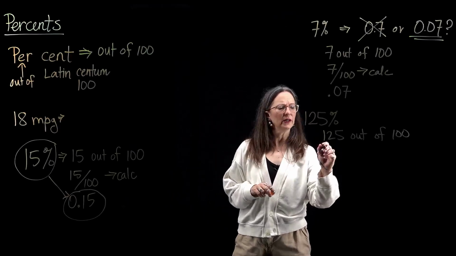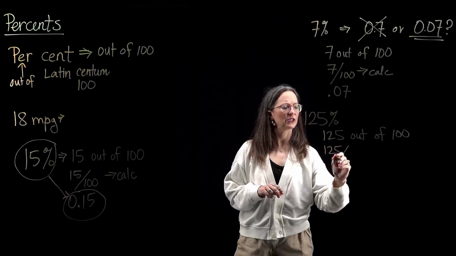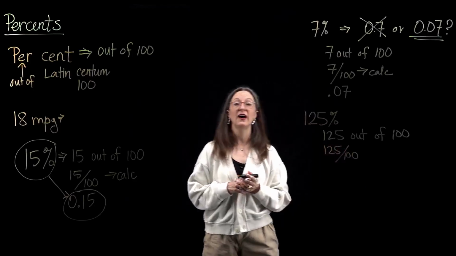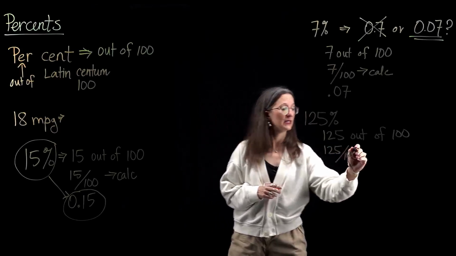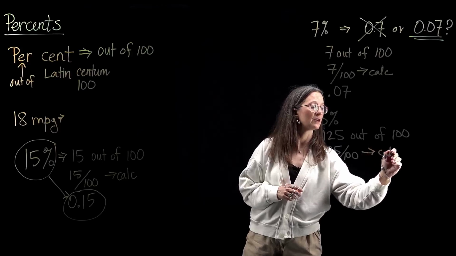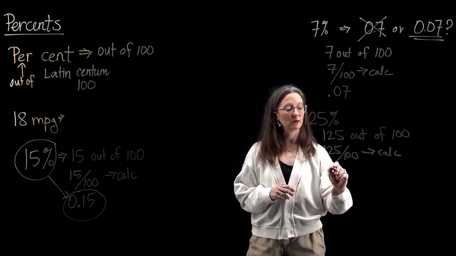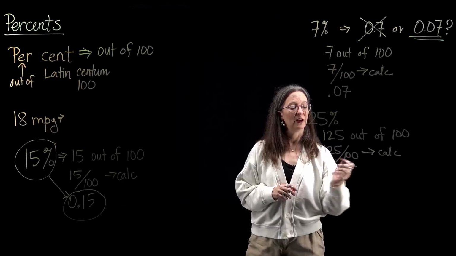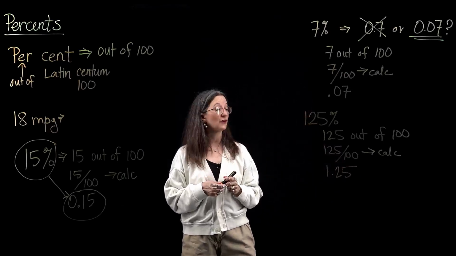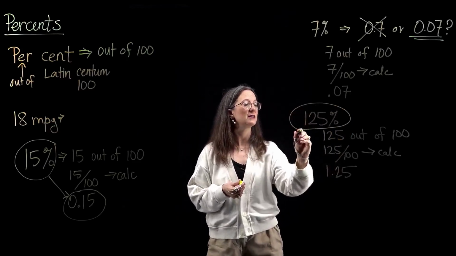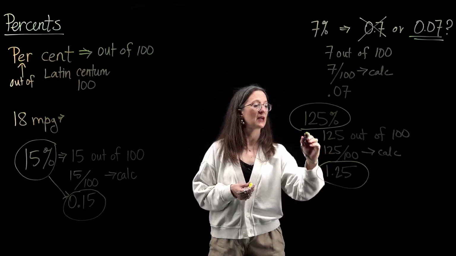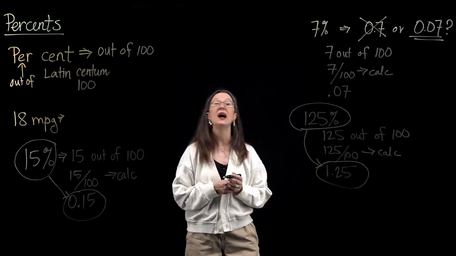That sounds a little weird, but we can still set up our fraction, 125 divided by 100. That goes in our calculator, and we get a decimal equivalent of 1.25. So 125% would be expressed as 1.25 as a decimal.